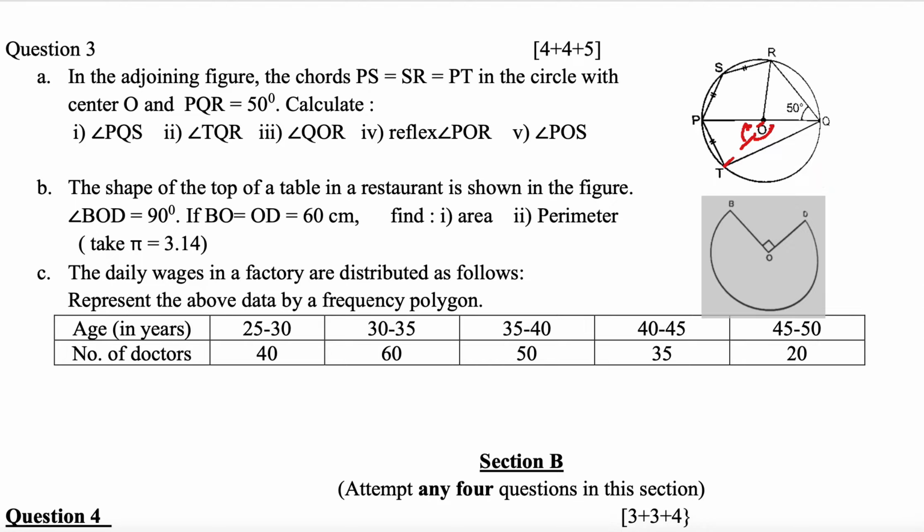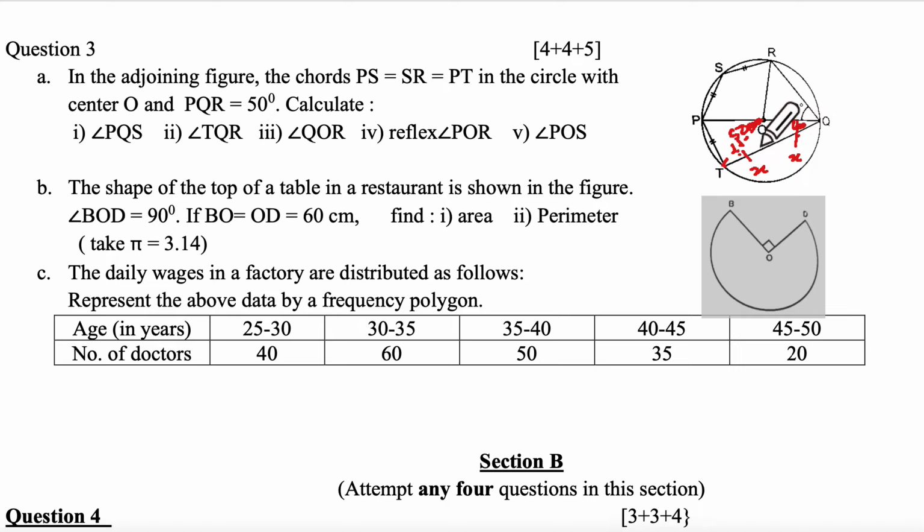They can even ask you for this angle. How will you take this angle into consideration? Just now we saw that this one was how much? 50, no? This one was 50. Okay. Now, if this is equal to this, then this angle and this angle are going to be equal.